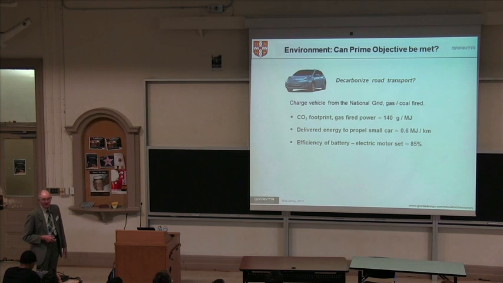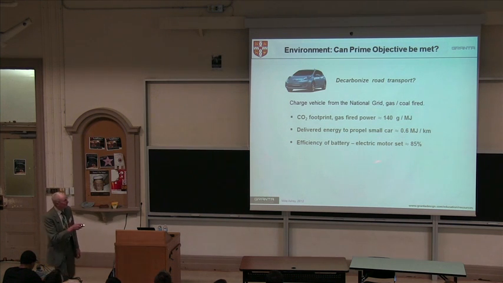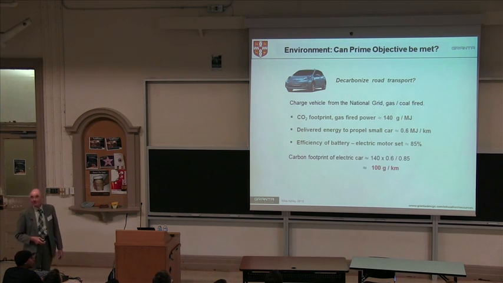And an efficient battery motor set will convert the energy in the battery to power at the wheel with an efficiency, I think, of about 85%. I've had difficulty getting that number, but I think it's quite high. It's of order 85%. So if you multiply those together, you get how much carbon it takes you to make your car go along. And it's 100 grams per kilometer on this basis.